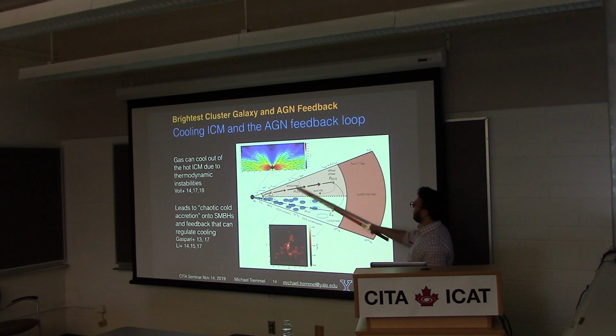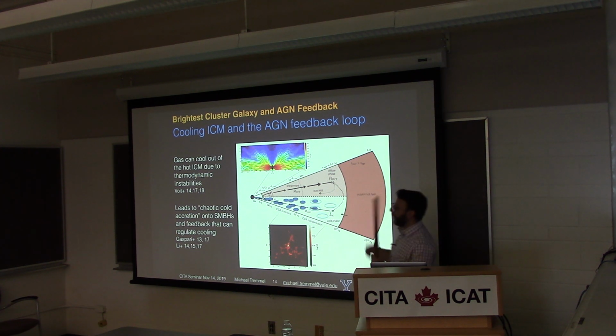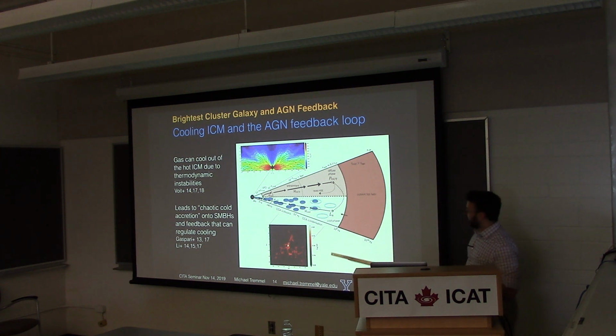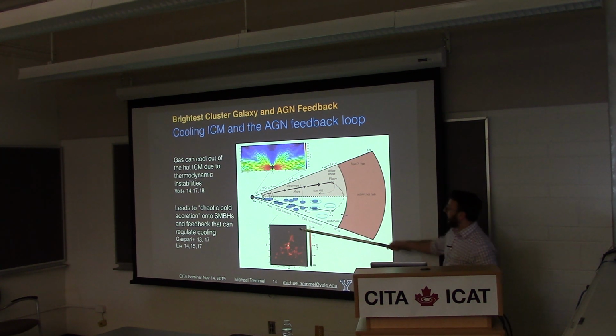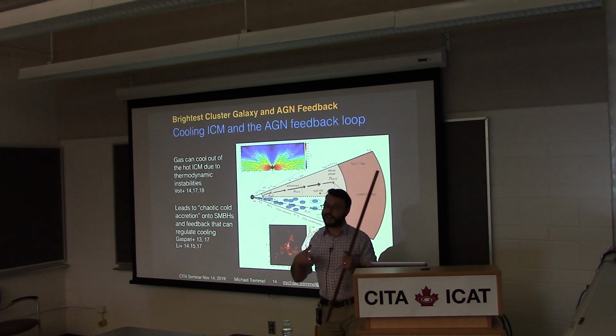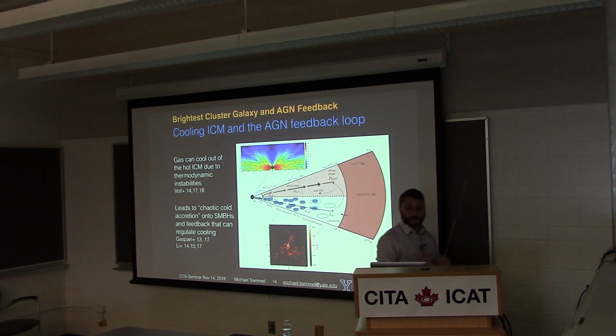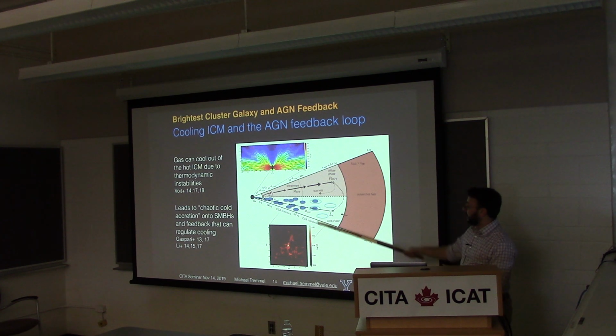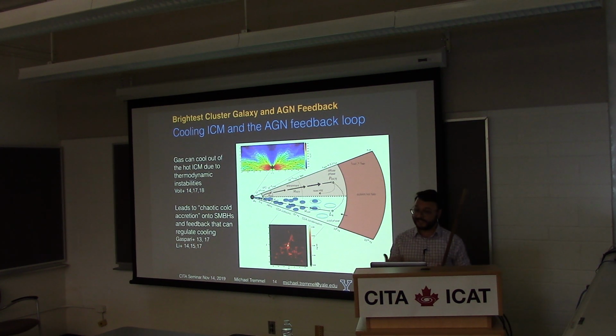That feedback then pushes things back out and regulates this cooling process over time. And the result is you get the same structure that we see in some of these observations, where you get this filamentary, complicated structure of cooling gas in the centers of clusters. This is the result of this thermal instability that exists in cluster environments.